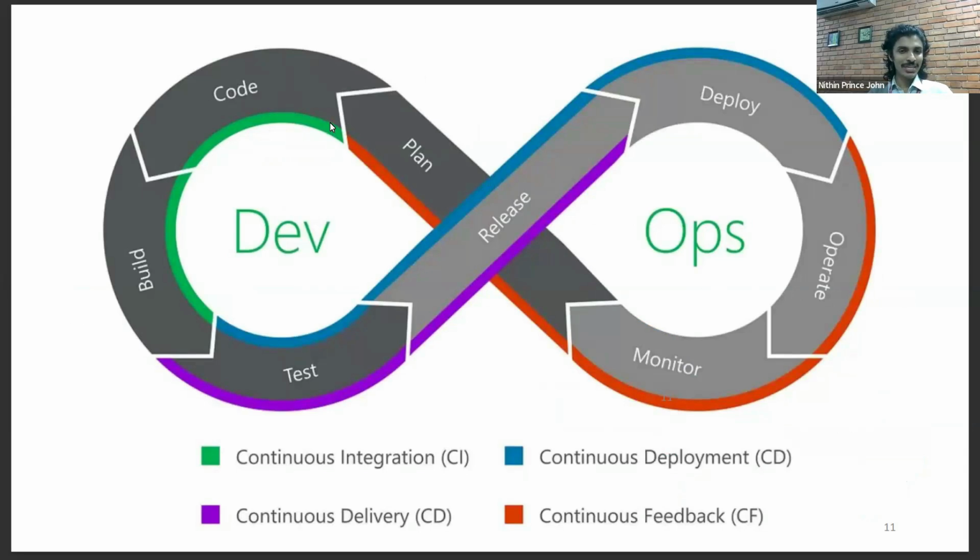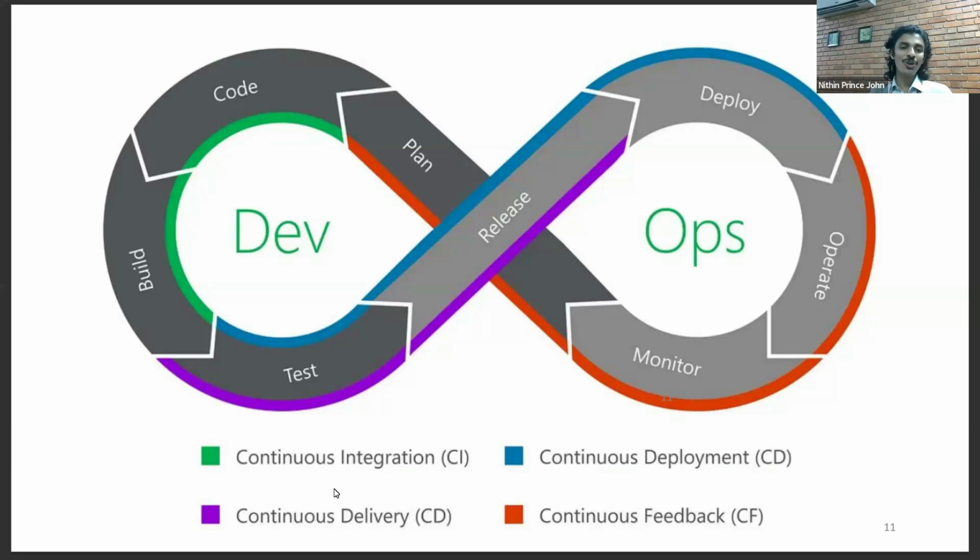Once the developer commits the code, the continuous integration server is going to build that code, and finally, this continuous integration server will perform the unit testing. All that type of testing will come under this build phase. So code and build come under continuous integration.